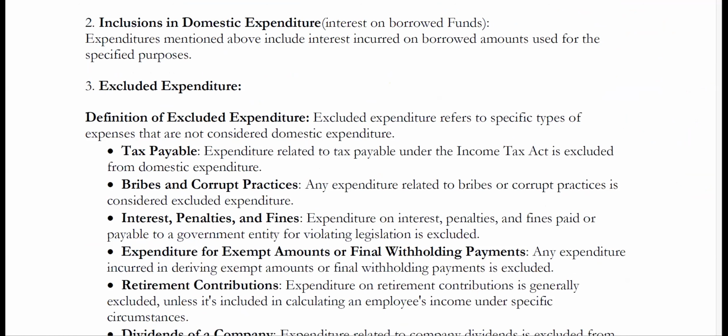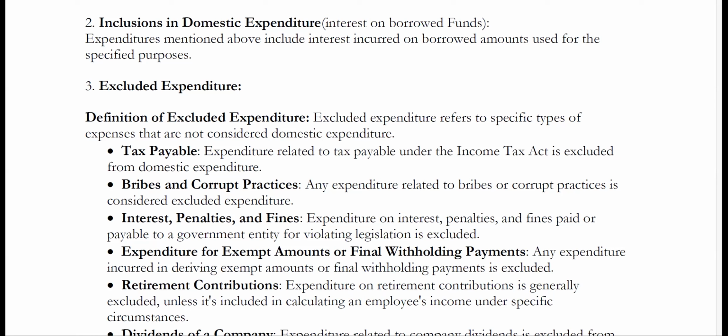Now, if you have interest, you went to borrow an amount from your family member or from a friend or from somewhere, and you use it to incur this domestic expenditure. Let's say you went to borrow a loan to buy clothes, or to renovate your house. You cannot charge it to your business. So the expenditure should also include interest incurred on borrowed amounts used for those specified purposes.